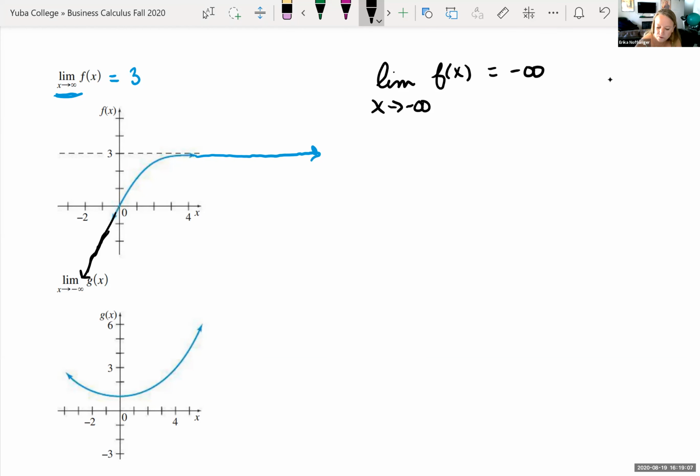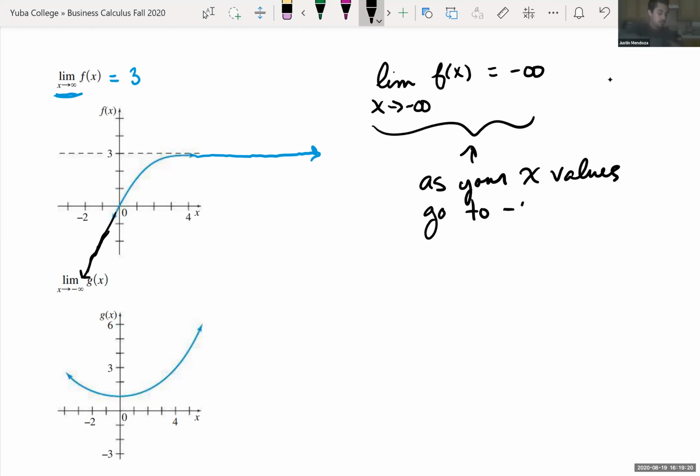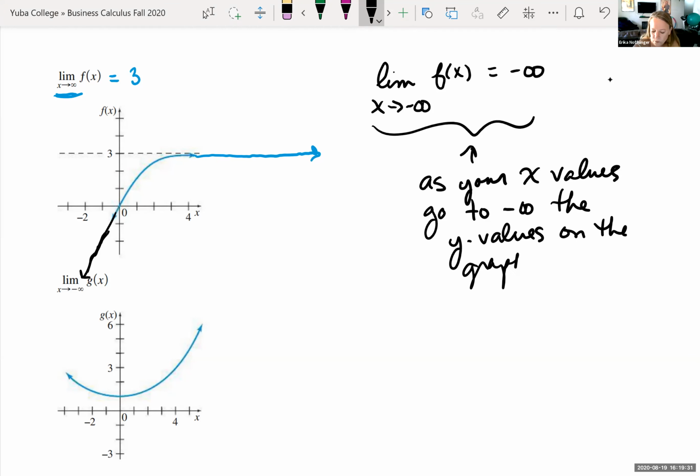So as your x values go to negative infinity, the y values on the graph go to negative infinity.